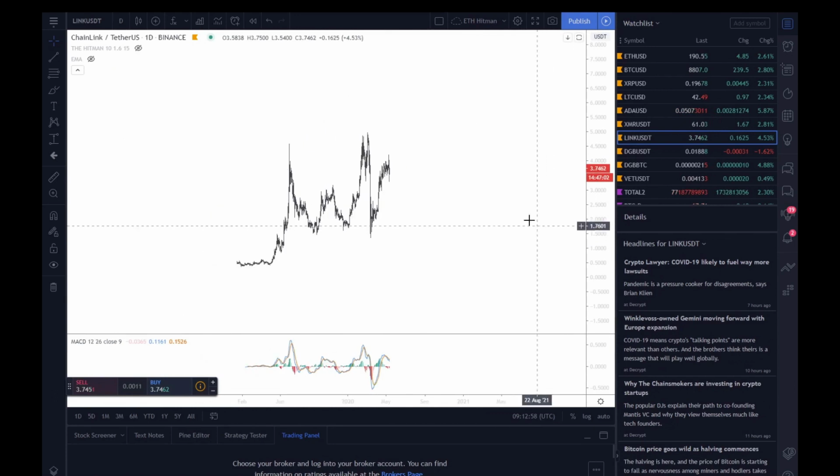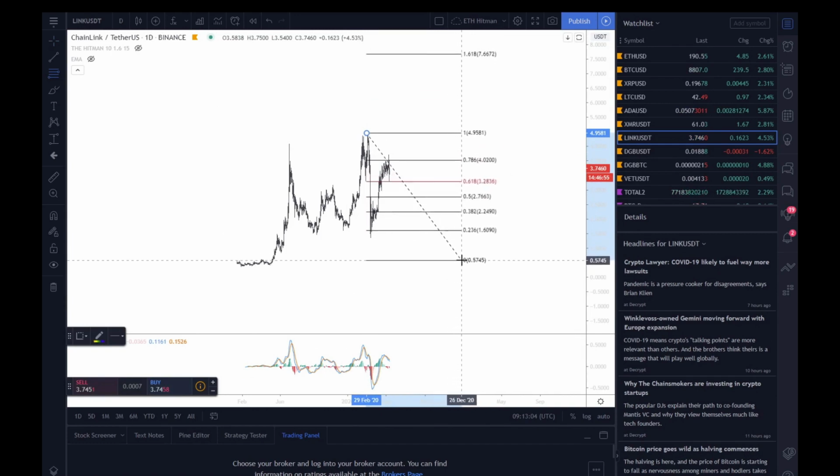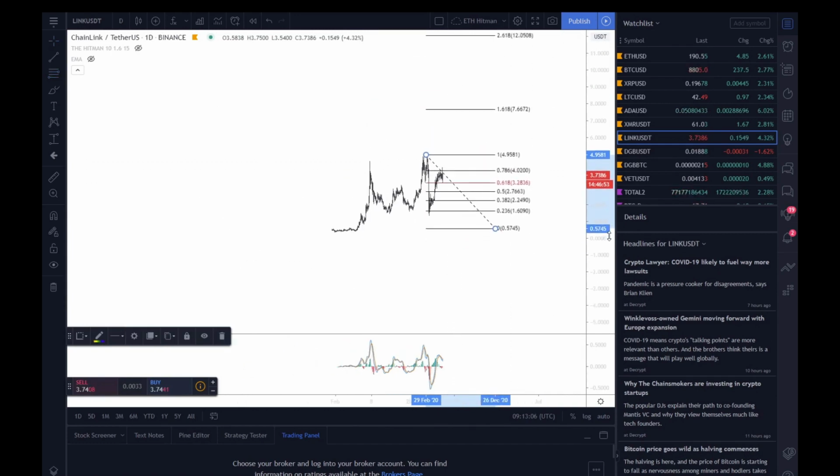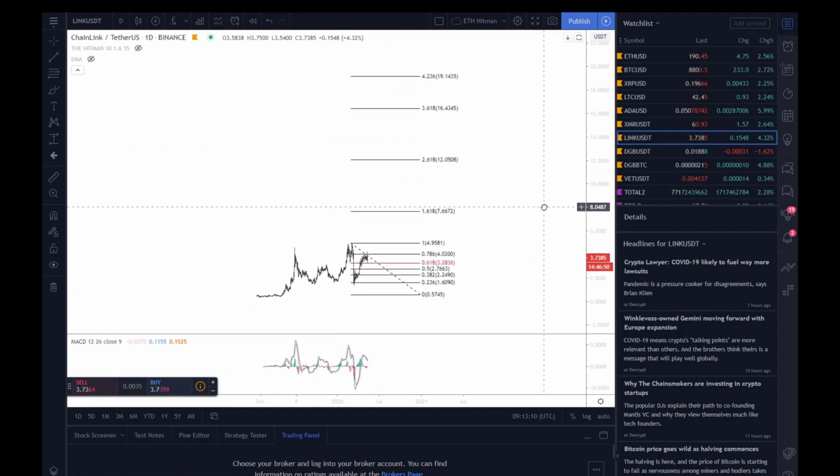What I want to do is draw a Fibonacci on again, but I want to take this top wick. Let's drop that 0.618 on there, and then zoom out and see where the Fibonacci is showing us up this way. These are some key levels up here. So $7 is quite a considerable amount higher than the all-time high that we had in March.